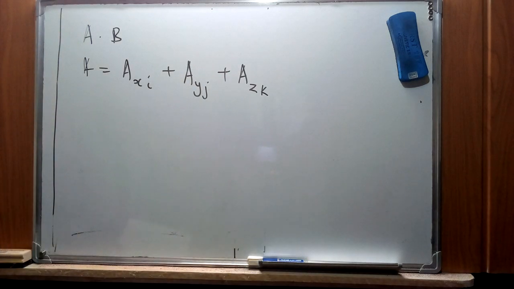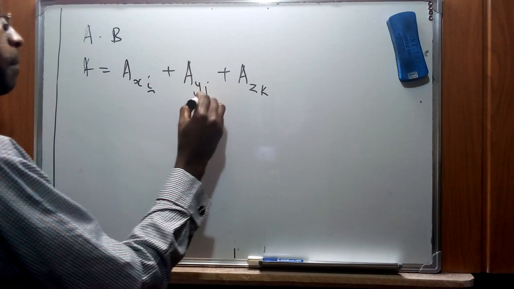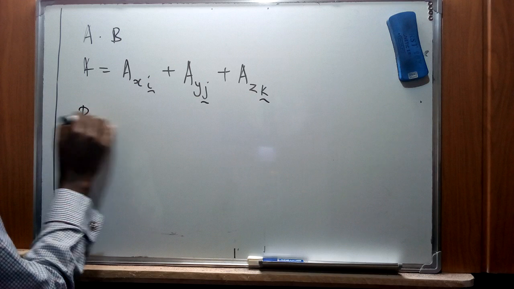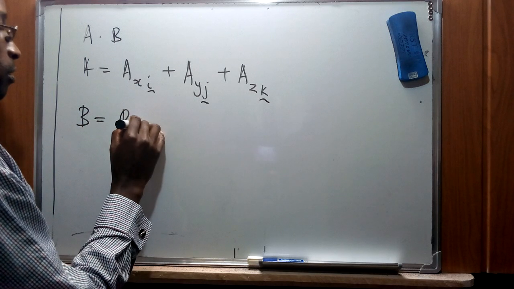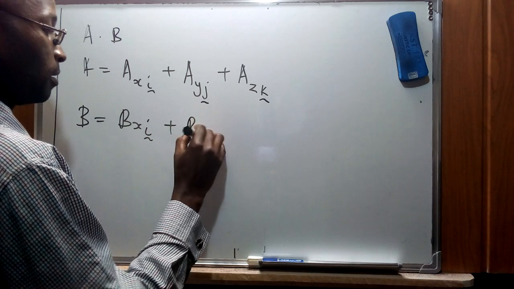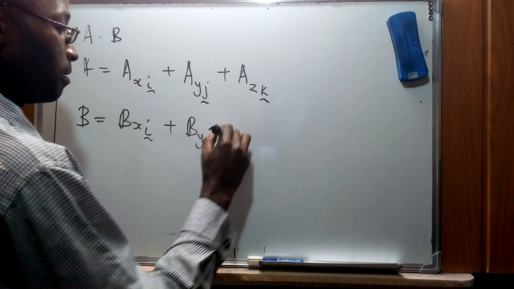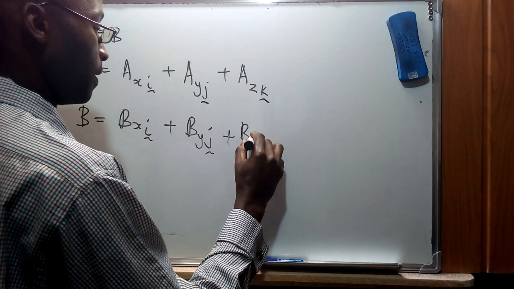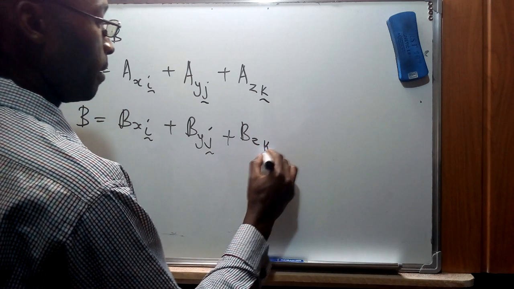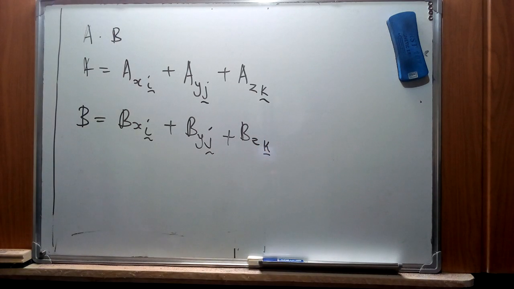So these are the components of vector A. For B also, we can describe its components as Bx i plus By j plus Bz k. So those are the two respective components of those specific vectors.